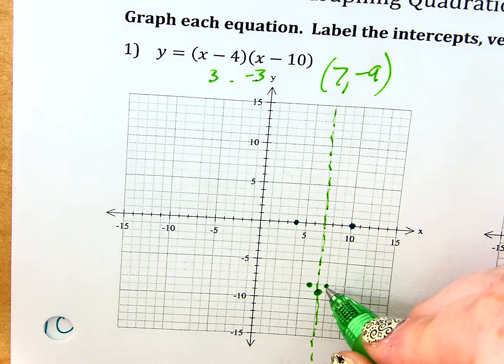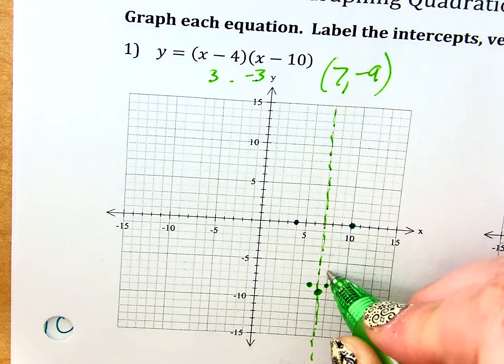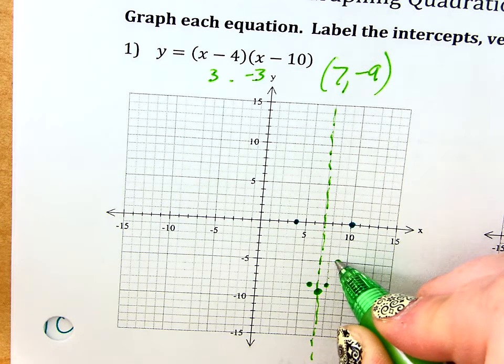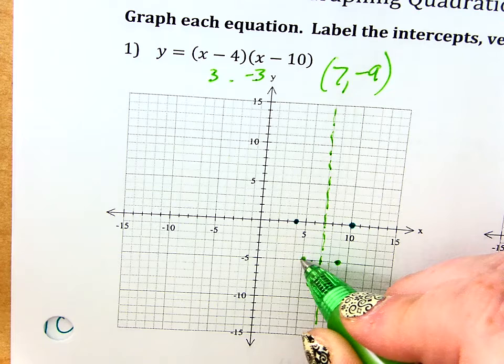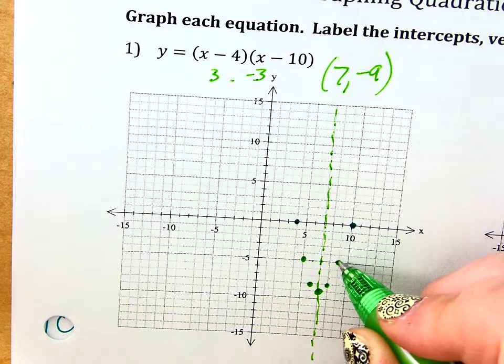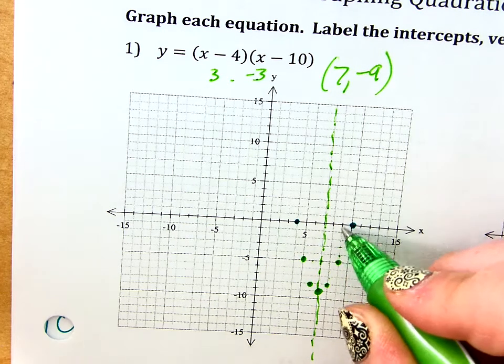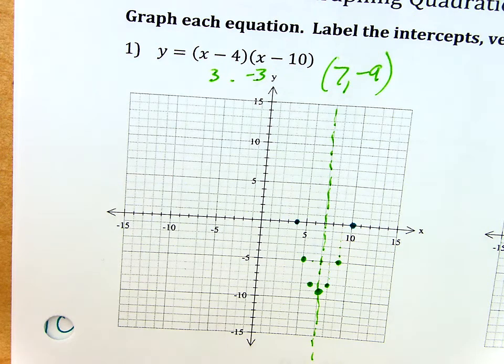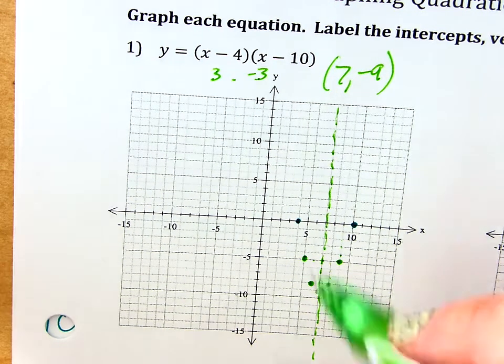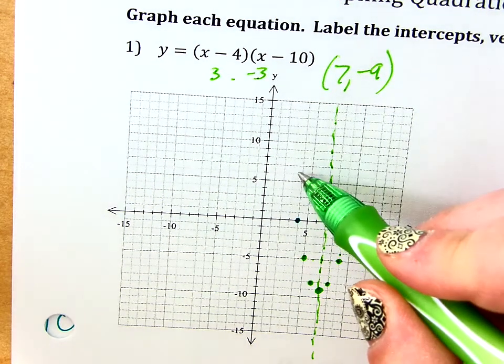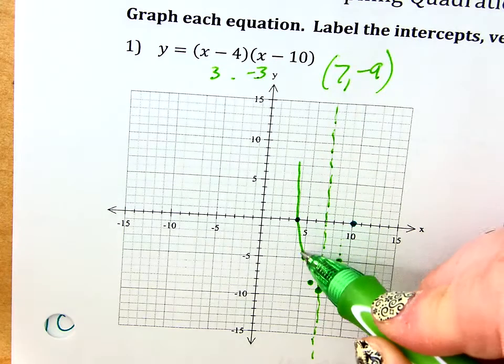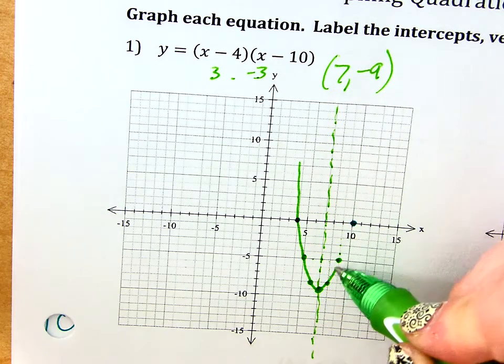I would go up 1, then I would go up 3. And then if I go up 5, 1, 2, 3, 4, 5. Well, what do you know? It's already there. Isn't that great? And then connect with a nice smooth curve.